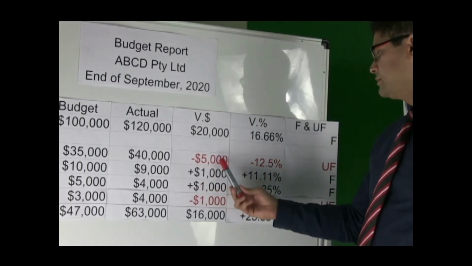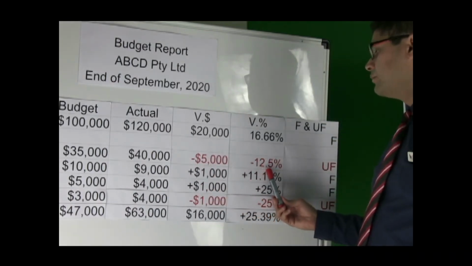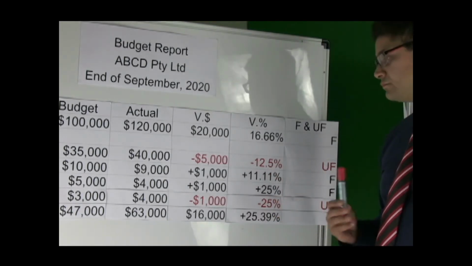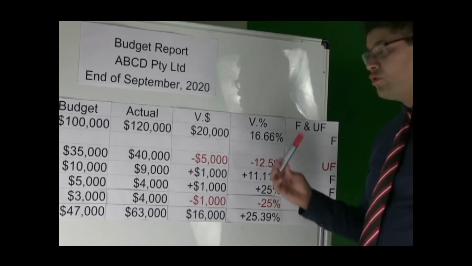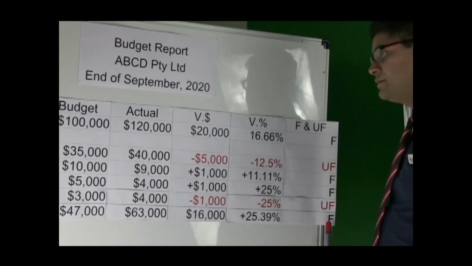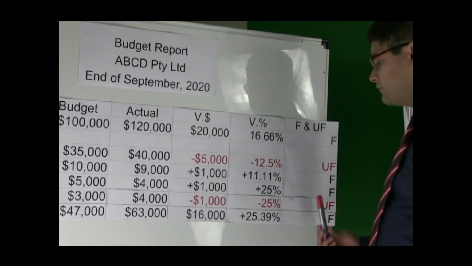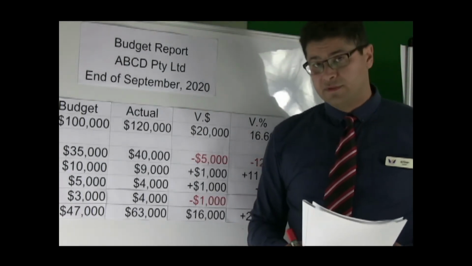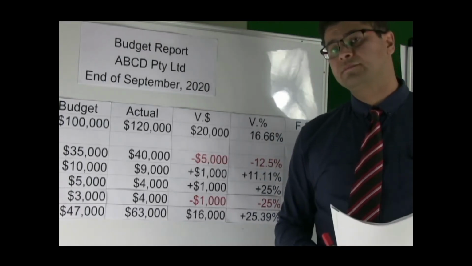Look at these sections: minus 12.5% and it's unfavorable. You apply these rules to all sections, and at the end, the total section, you got favorable as a net profit because it's positive.